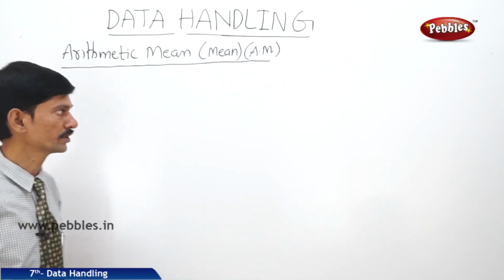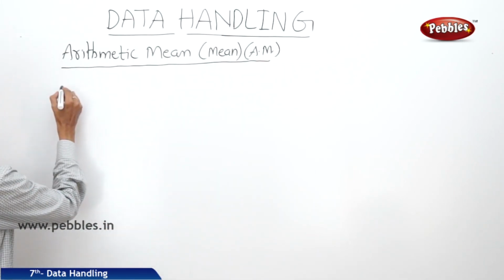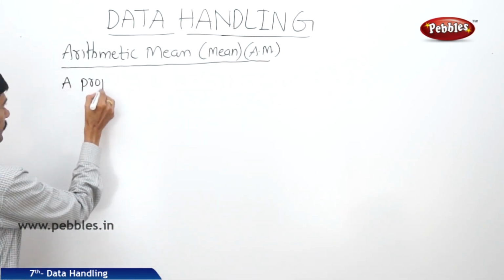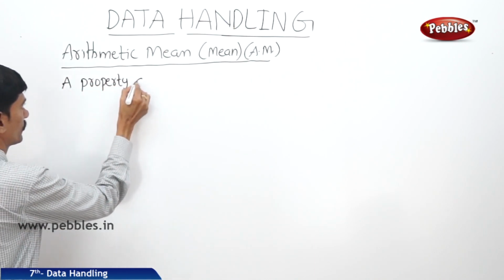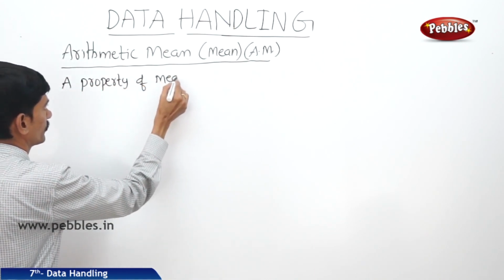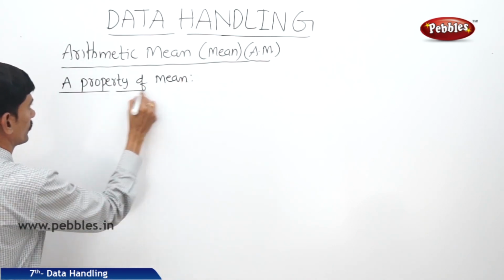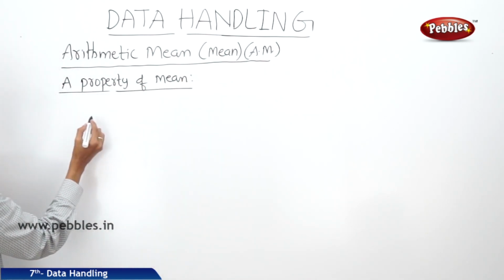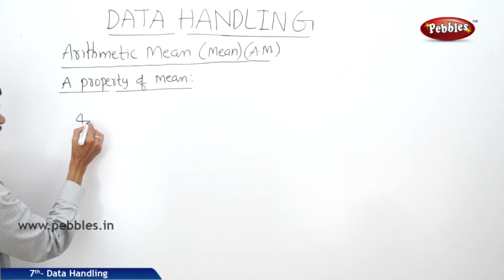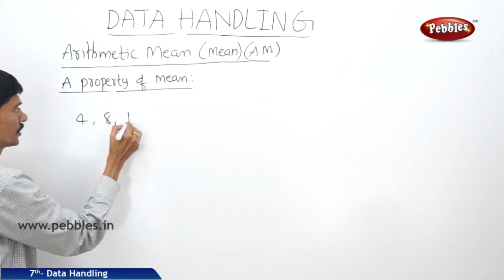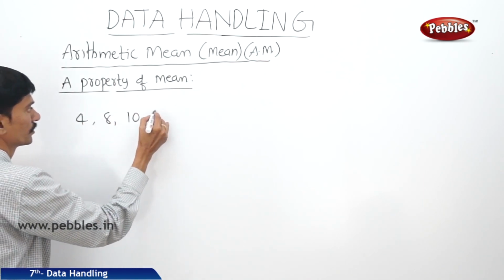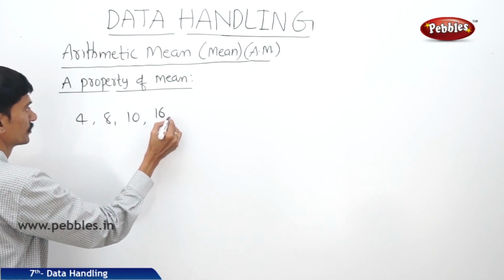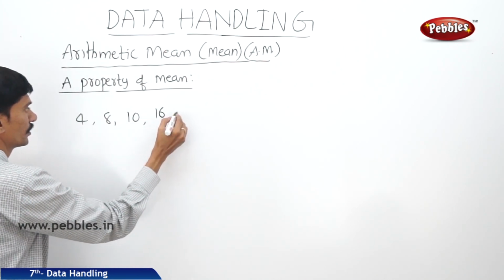Now let us see a property of the arithmetic mean. For example, the given observations are 4, 8, 10, 16 and 20.